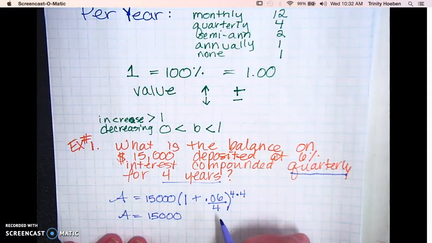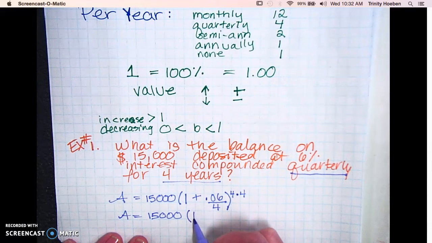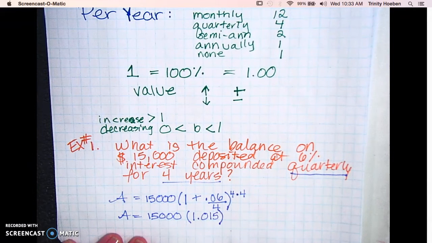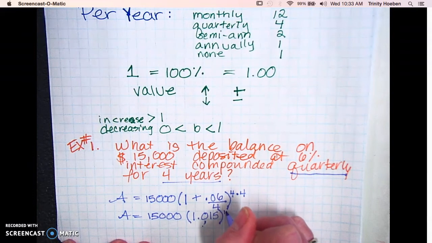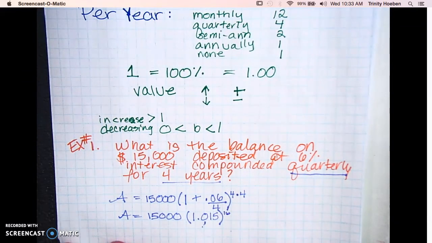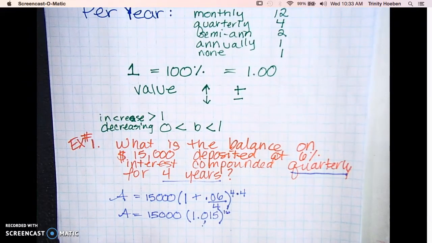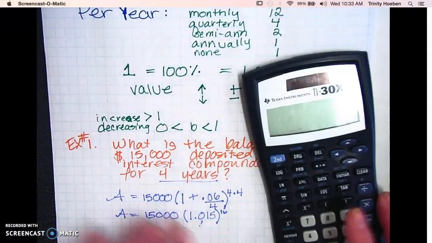That should get you 0.015. And then if you add the 1, you will get 1.015. So try that on your calculator. Do the 0.06 divided by 4 and then add 1. You should get what I got, 1.015. And then obviously to the power of 4 times 4, 16. Makes it a little easier to type it in the calculator.